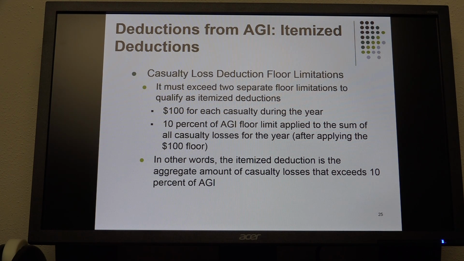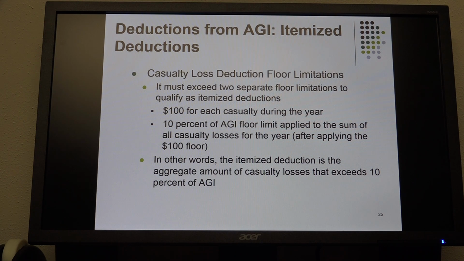Okay? And you first deduct the 100 from each. So you've got 4,900 plus 1,900. That's going to equal $6,800.